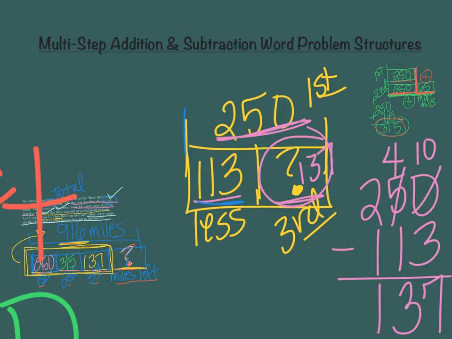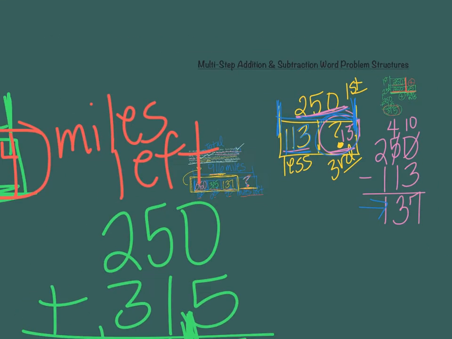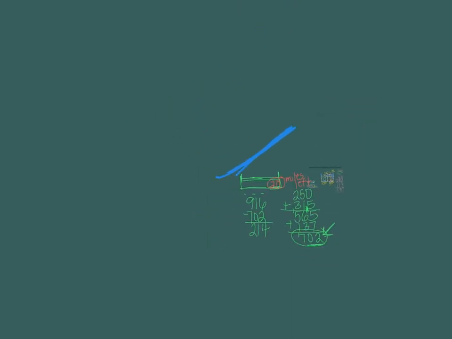So I created a new word problem structure with 250 as the total. And then I wrote the 113 on this box so I can figure out how many were left. Then I subtracted because I can't get bigger than my total. So I knew that my operation was subtraction. I got 137 as the difference. Then I plugged it in.